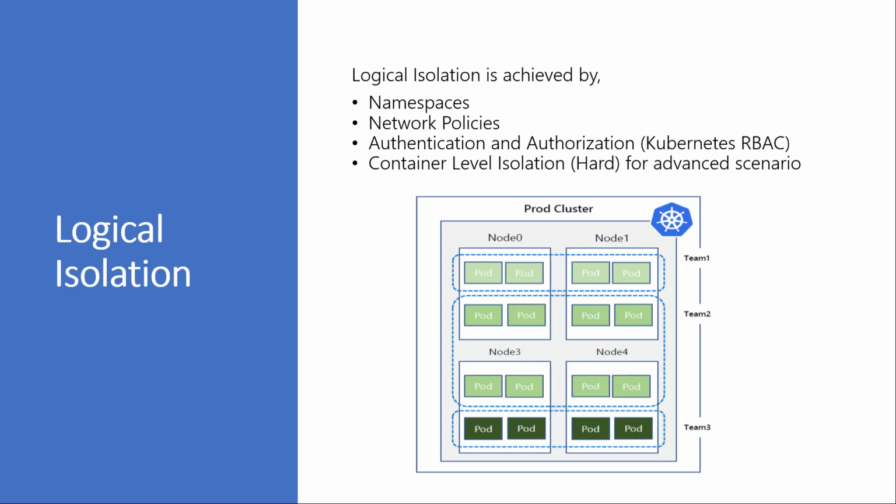Those namespaces may also be separated through network policies, and you would have different authentication and authorization to make sure that team 1 is managed by a different set of developers, and team 2's application workload, or namespace, is managed by a different set of people, and so on and so forth. Team 3 may be a different department and a different development team. Depending on your organization and how you want to do that, there's no hard and fast rule that you can take out of this presentation. These are the areas that I suggest you or your organization should start thinking about before you get ready for a successful AKS implementation.